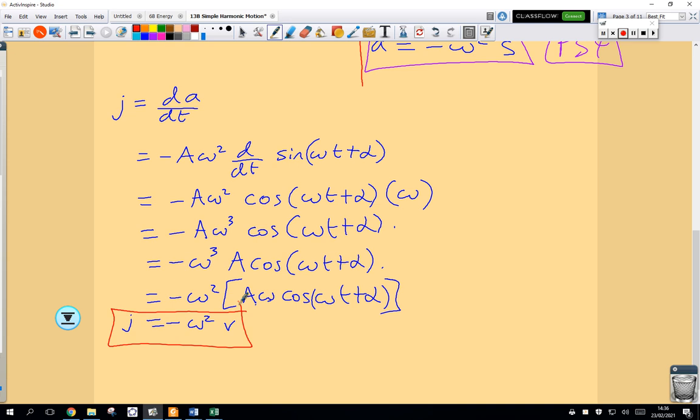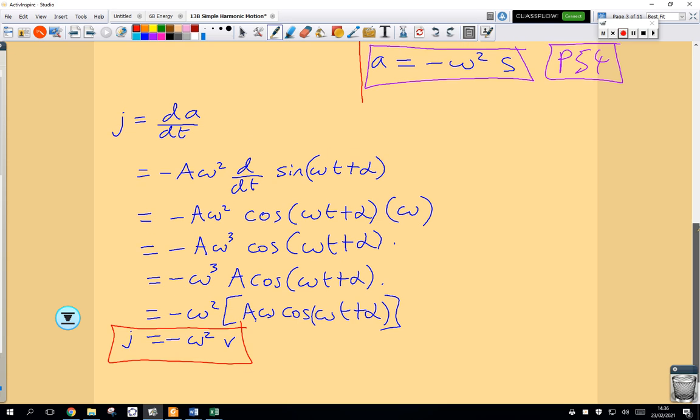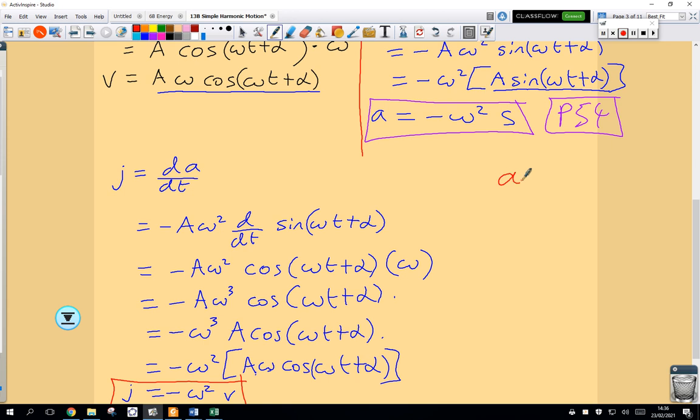Okay, so practice those things. Practice taking the derivatives. This is really important. a is equal to negative omega squared s, and the jerk is equal to negative omega squared times the velocity. And the velocity can be written as a omega times cosine of omega t plus alpha.